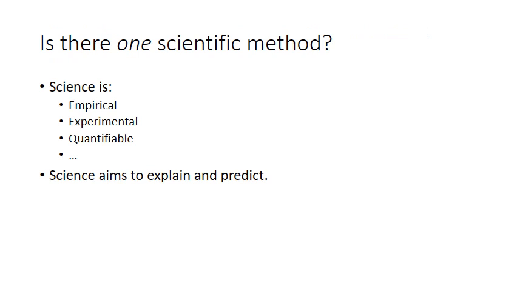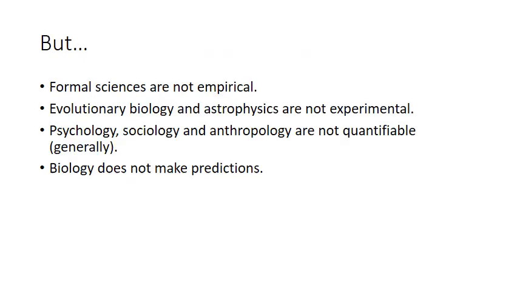Well, chances are you came up with a number of different elements. Science is empirical, it is often experimental, it is quantifiable, and it aims to explain and predict. And this is all very true. But none of these core features of science apply to all of the sciences.